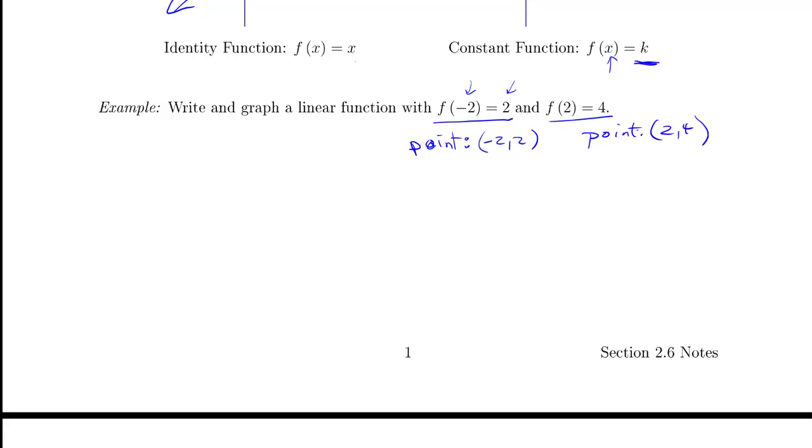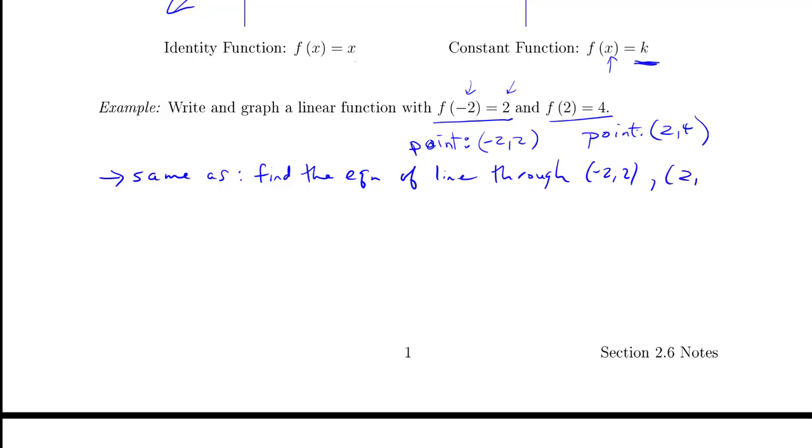So this entire problem is really the same as: find the equation of the line through negative 2, 2 and 2, 4. We did that when we were doing lines. The only difference here is in the end we want to call it f of x and not y.